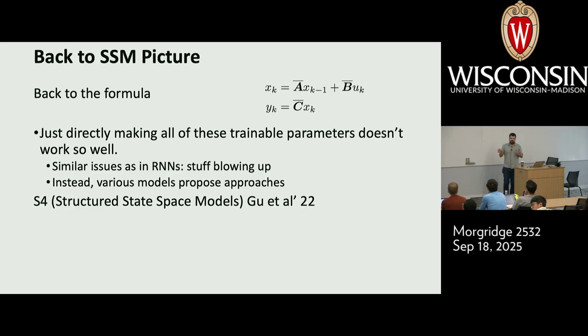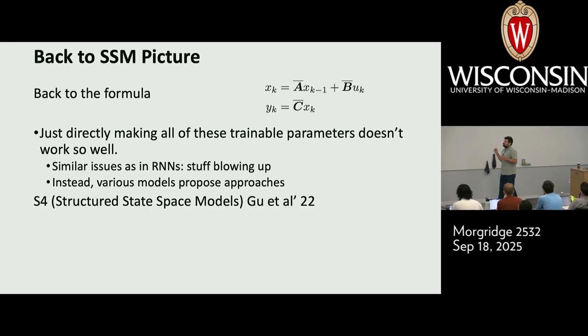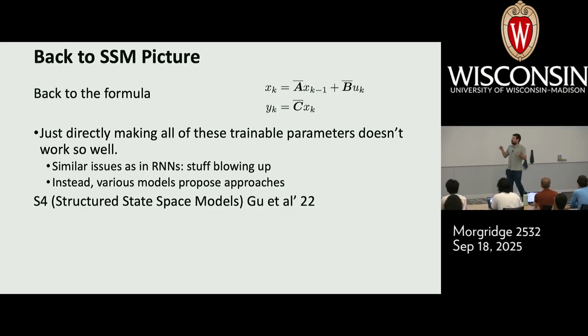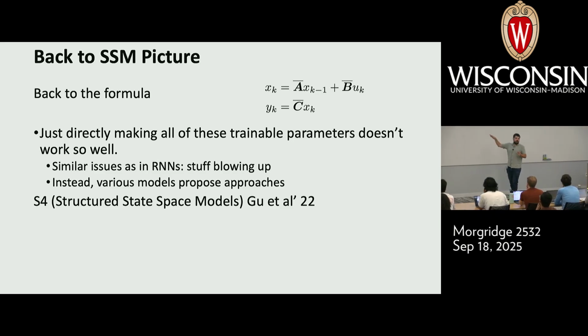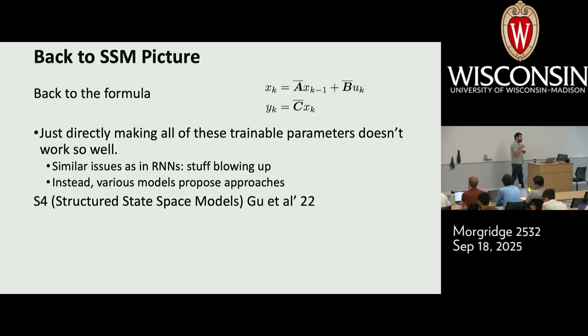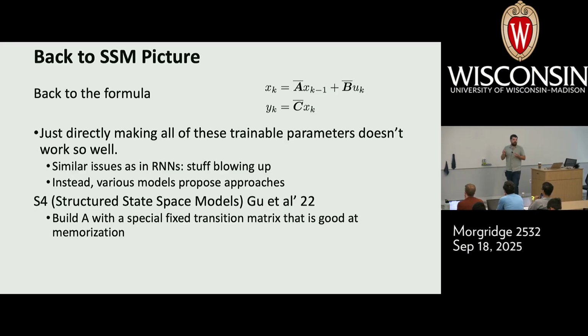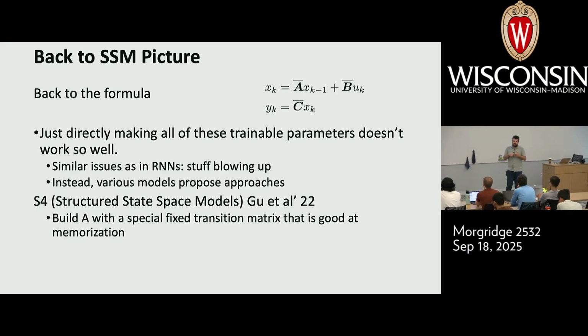And sort of the first paper that did it in a good form is this paper called S4. So this is what we were talking about. This is a paper coming from some folks that I'm also friends with. Read this paper. It's one of the best ones in the last 5 years, frankly. But you can see how much kind of mathematical work it took. It turned out that for A, right, this transition matrix, you can't just parameterize it to be anything you like, and you can't initialize it to be anything you like.